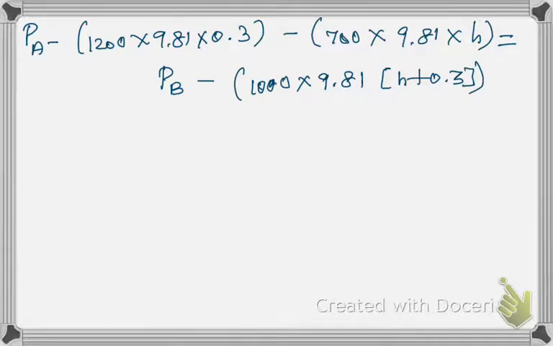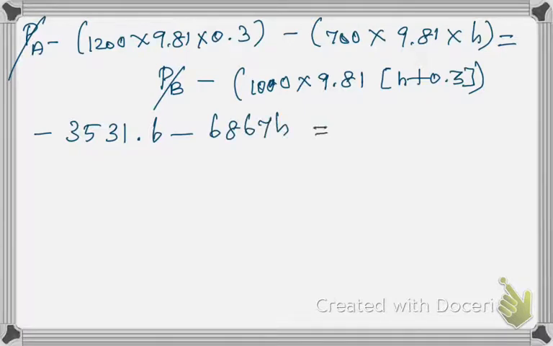It is given in the problem that pressure at A and pressure at B are equal, so I can cancel these two off. Now I am simplifying it. So minus 3531.6 minus 6867H is equal to minus 9810 into H plus 0.3.